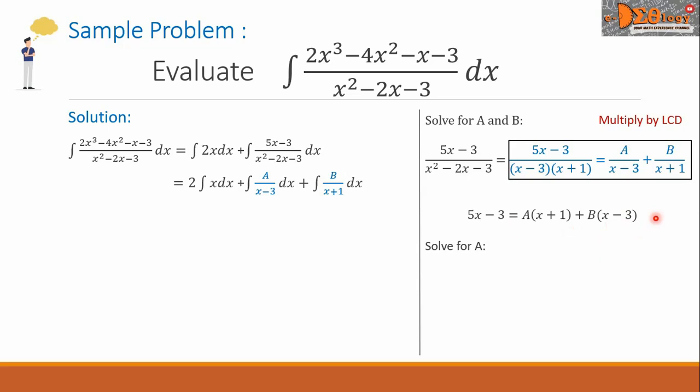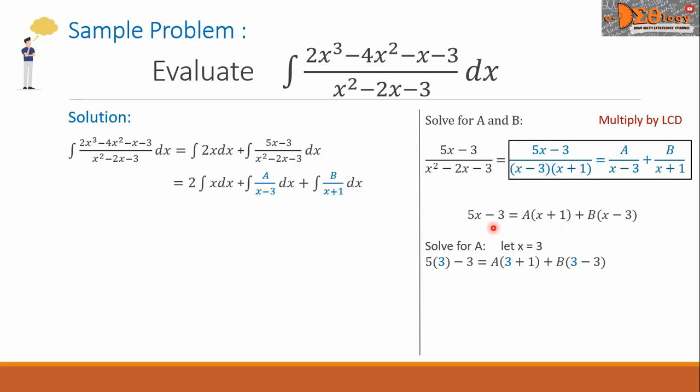First, let us solve for A. It means we will try to eliminate B. Let us think of a value of x so that B would be eliminated. We let x be equal to 3.